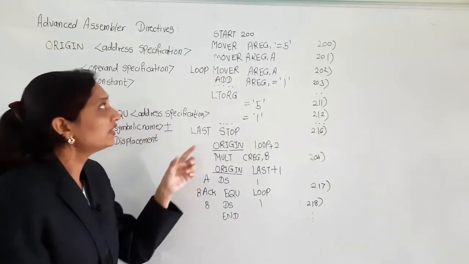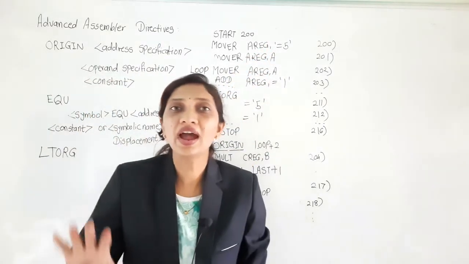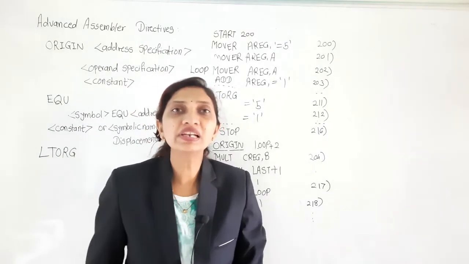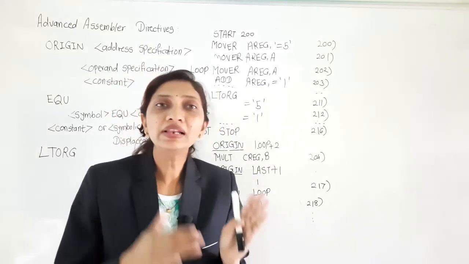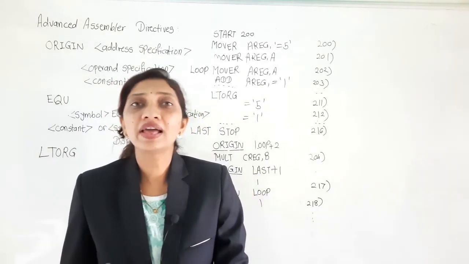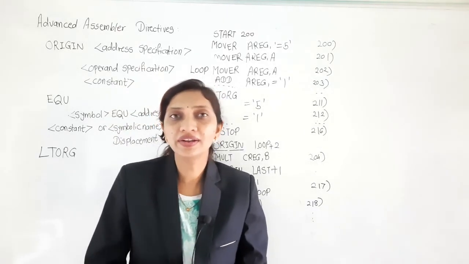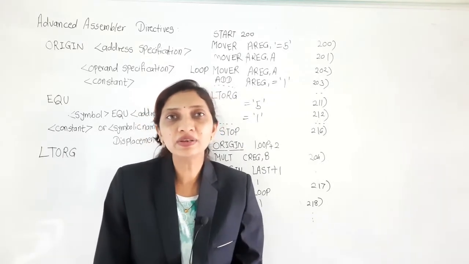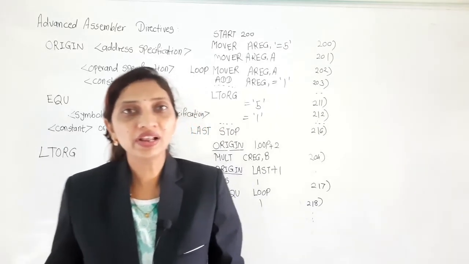Now when a literal comes in your program, some specific address is given to store that literal, which is known as the literal pool, and in that literal pool all the literal entries are done. Like when a symbol is used in a program, a symbol entry is made in the symbol table. Same here, if a literal is in your program, then the literal entry is performed in your literal pool.